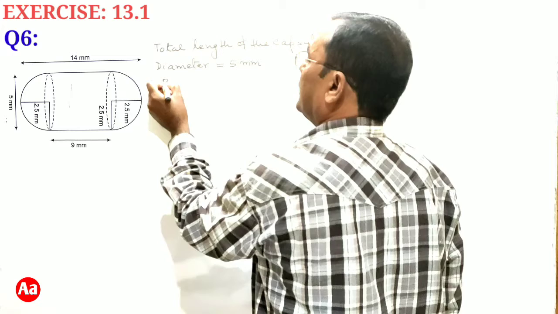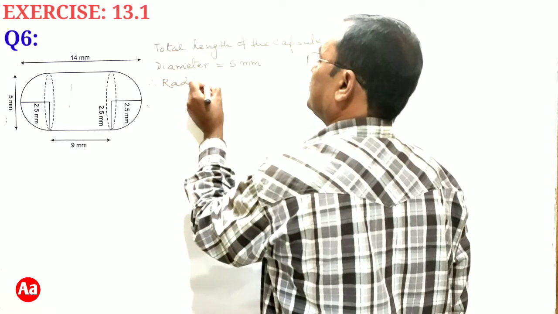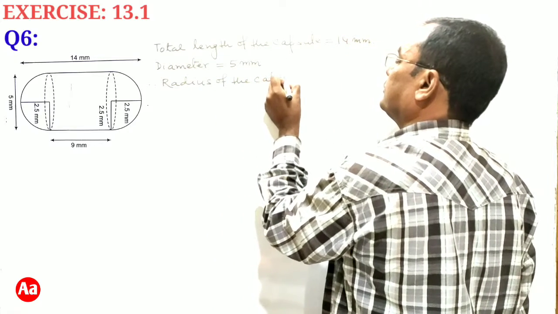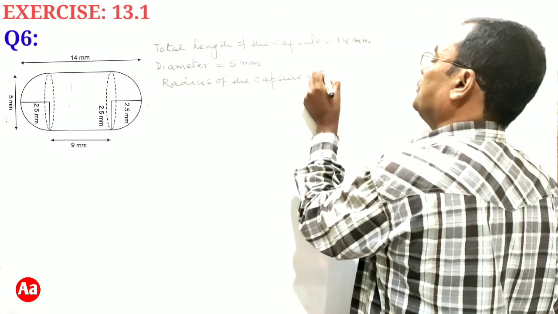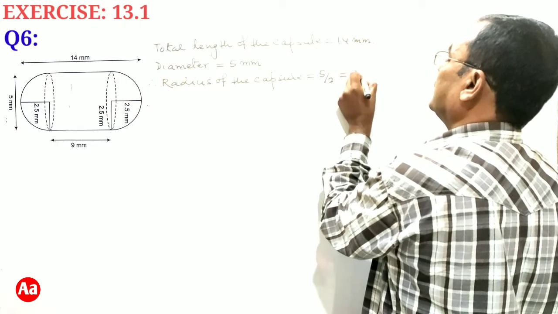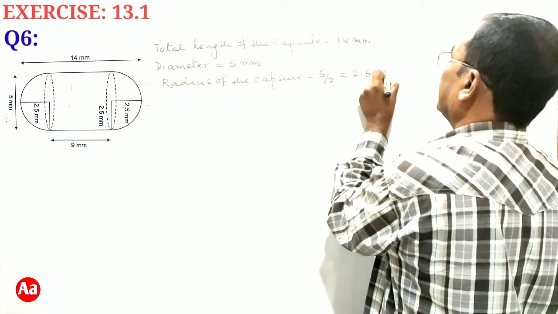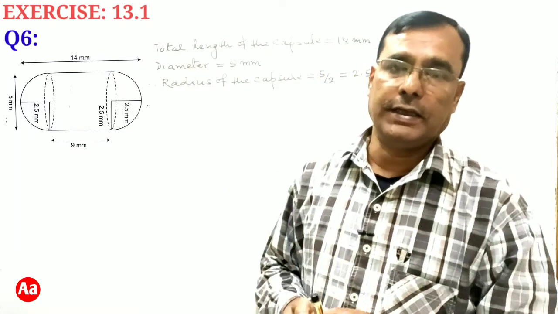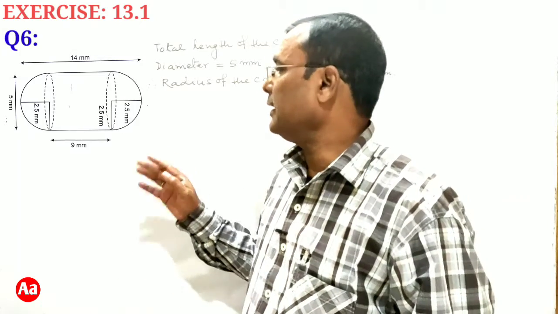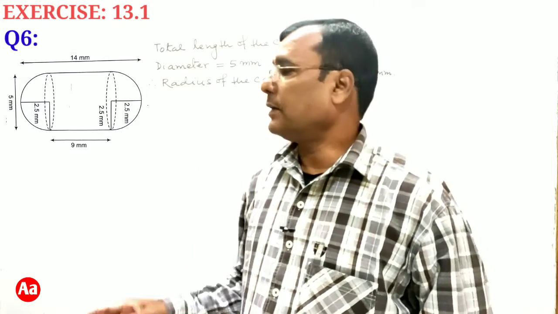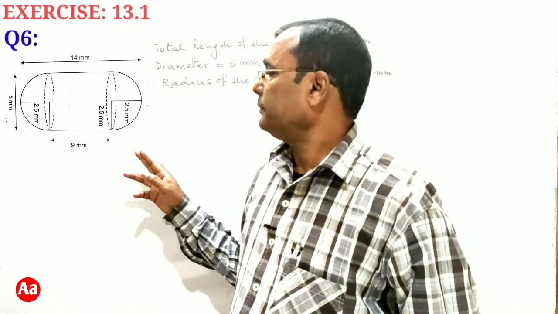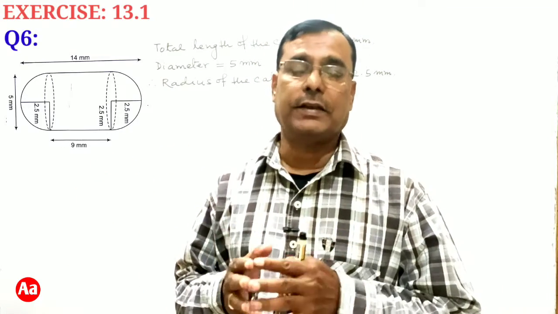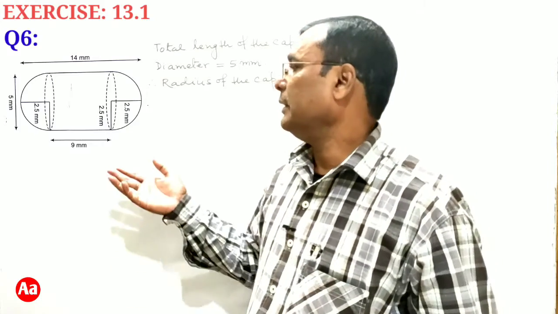Therefore, the radius of the capsule is equal to 5 by 2, that is 2.5 millimeter, and we are going to find out the entire surface area, that is total surface area or simply surface area of this capsule. Surface area of this capsule is surface area of two hemispherical ends plus surface area of the cylindrical part of the capsule.